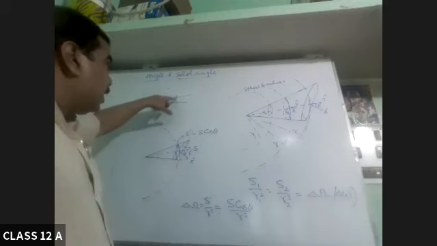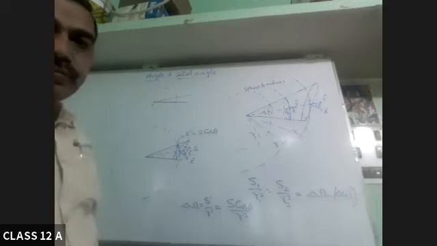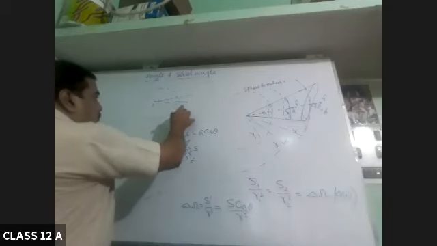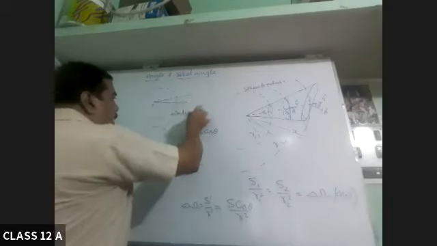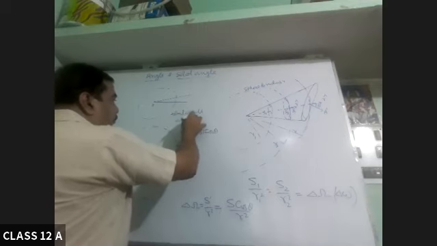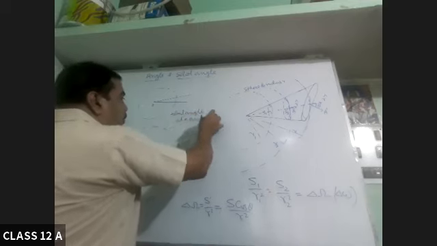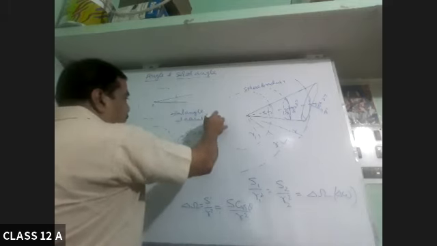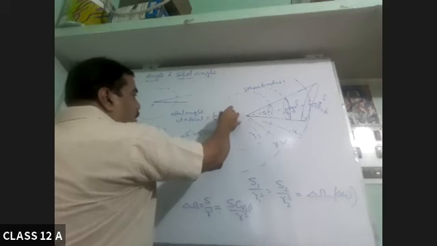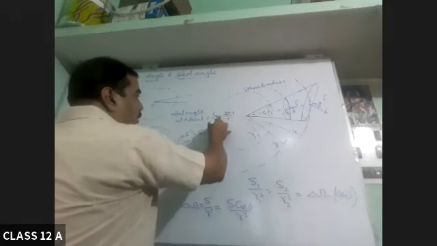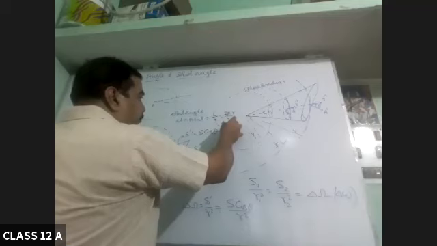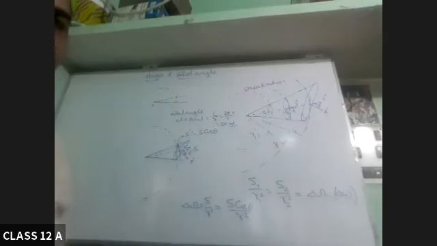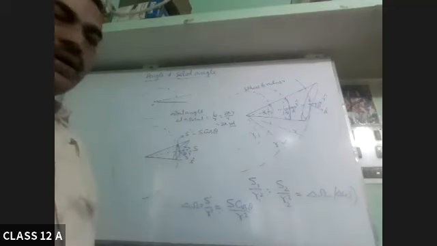If we apply the same formula, that is L over R, what will come? Total angle at a point: total length of the circle is 2 pi R, over R. So it is 2 pi, that is 360 degrees or 2 pi radian.